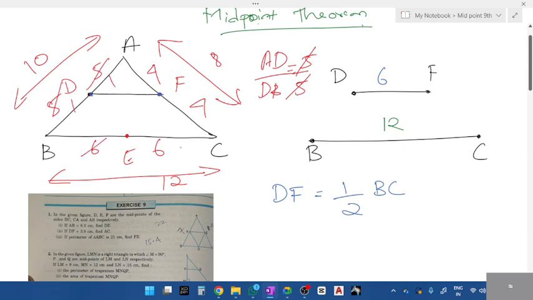Now tell me BE is to EC, students. 1 is to 1. What about AF is to FC? Yes. For all the other lines, it will be 1 is to 1 except the midpoint. Okay. So you don't have to write all this. Don't need to write all these values.